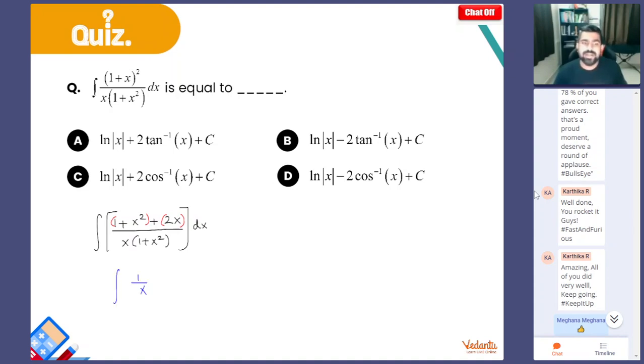Okay. So when I do that, what will happen? You will have integral of 1 by x plus 2 by 1 plus x square. Did I make it easy for you guys? Yeah? So that is how you are supposed to manipulate.